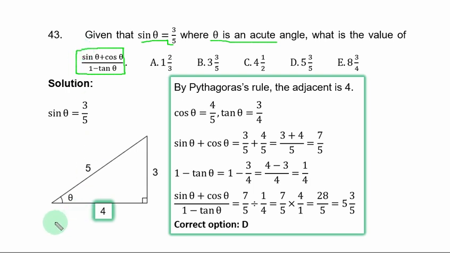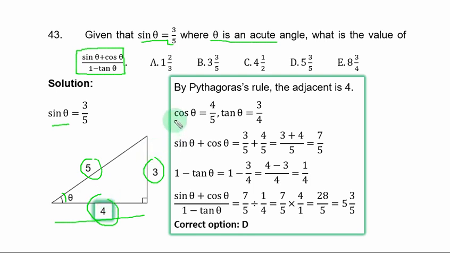So you have the triangle. Now this is the acute angle theta. Sine is defined as the ratio of opposite to hypotenuse. So the opposite is 3, hypotenuse is 5. From Pythagoras rule, the adjacent is 4.